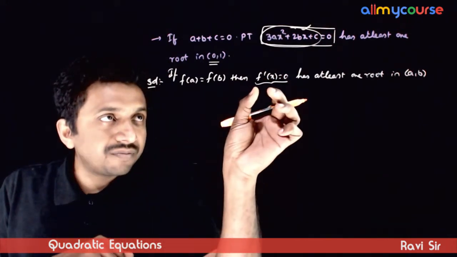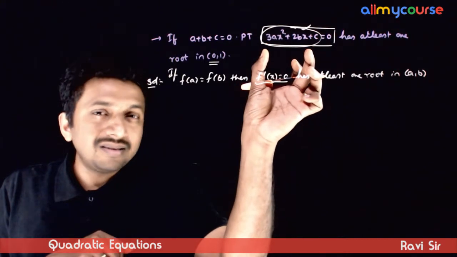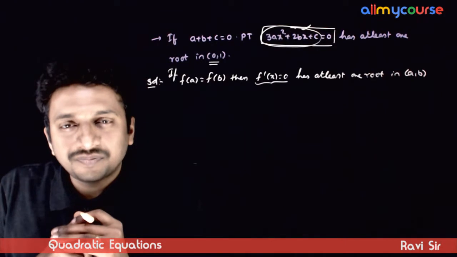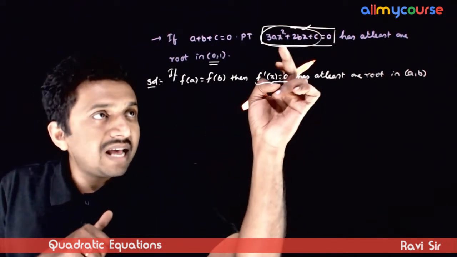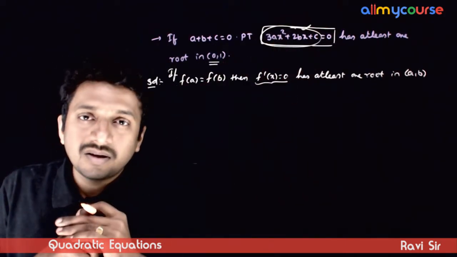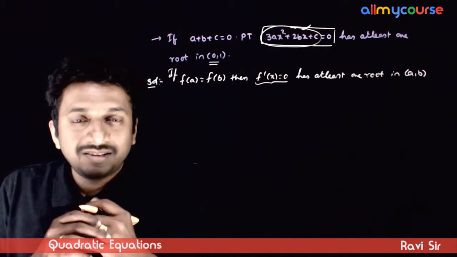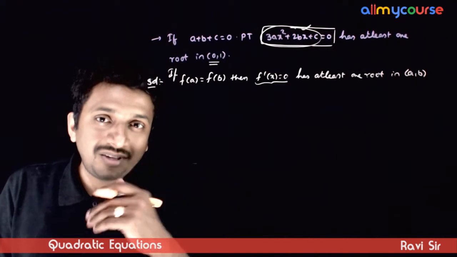So if f'(x) is this, the statement exactly looks like the conclusion of Rolle's theorem. Now if f' has to be this function, what should be the function f?